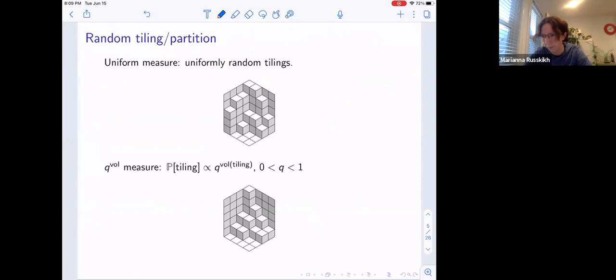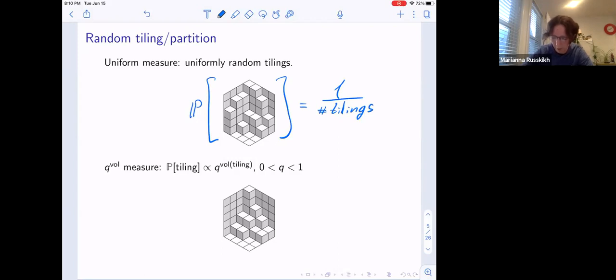One very natural way is to say that all configurations are equally weighted, so the probability of such a configuration is 1 over the total number of tilings. And another natural measure, with respect to this stack of boxes interpretation, is the Q to the volume measure.